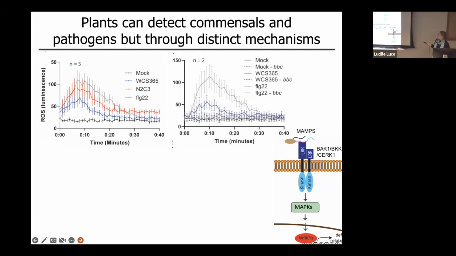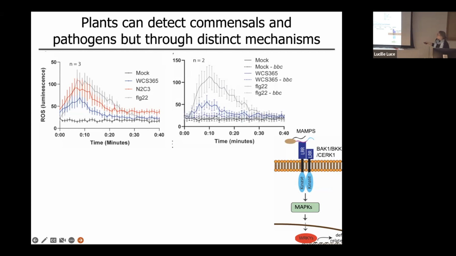First I'm showing you the commensal with the wild type or the triple mutant. If you add flagellin, you get this peak, but then in the triple mutant, it's down here at the bottom, the response completely goes away.